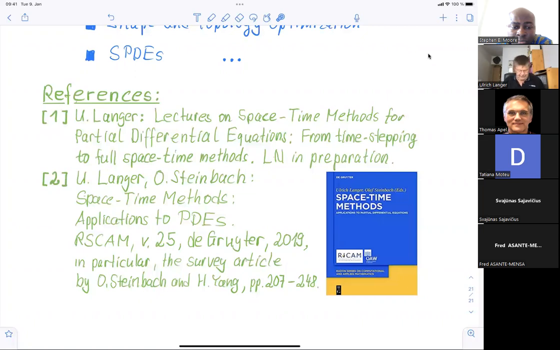In particular, Olaf Steinbach and Huidong Yang wrote a survey article on these space-time methods, not on parallel-in-time methods. And until about 2017, you find everything, a literature overview, in this book.